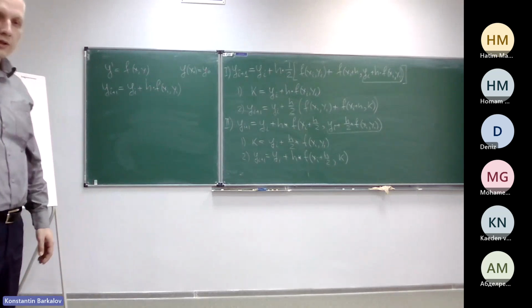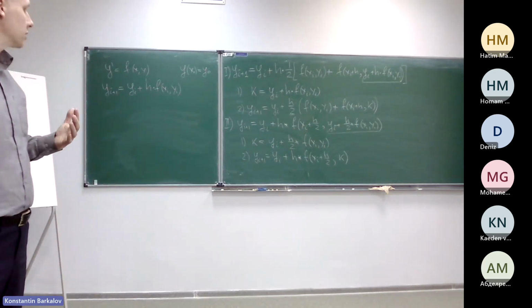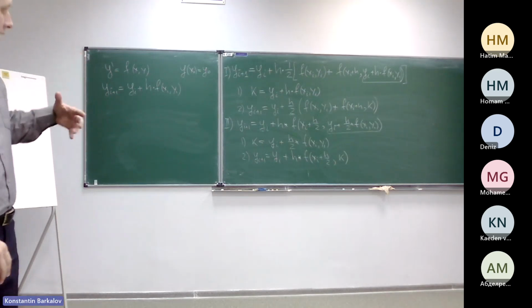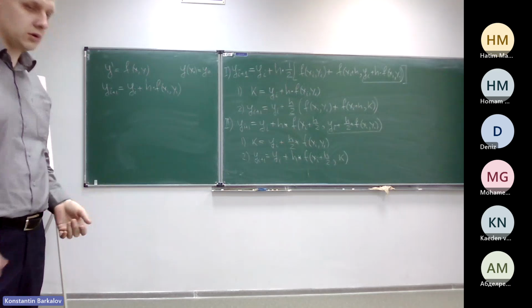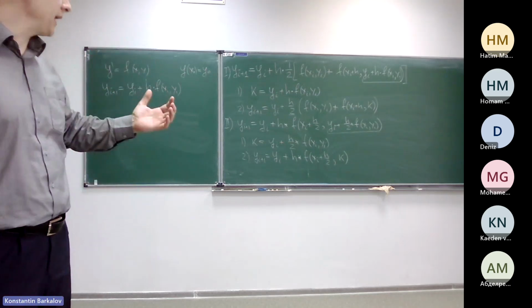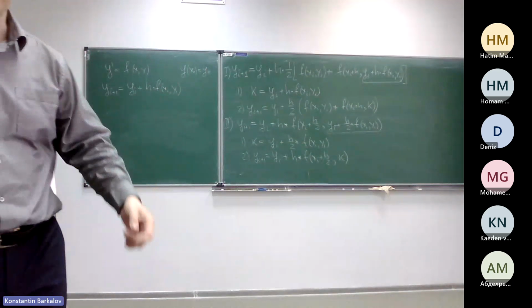So this method is also a 2-step method. First step, we compute k. Second step, we compute the point y_{i+1} using k.